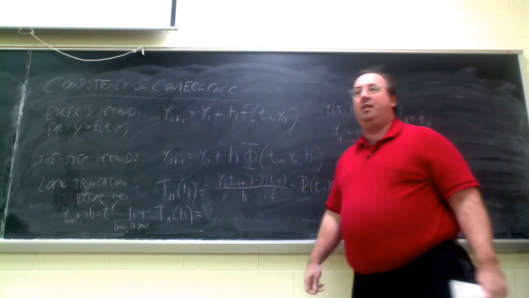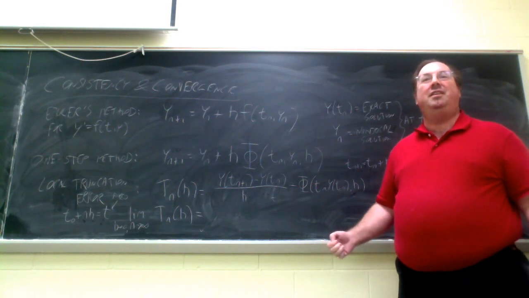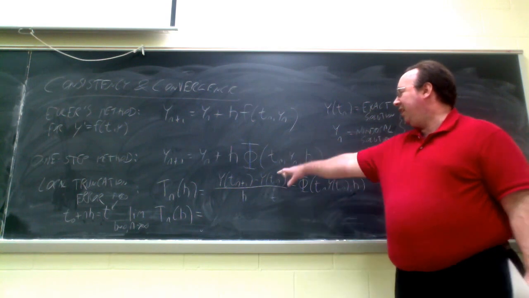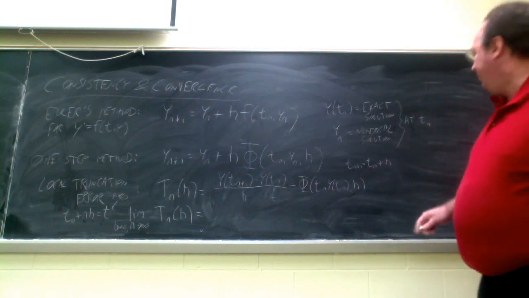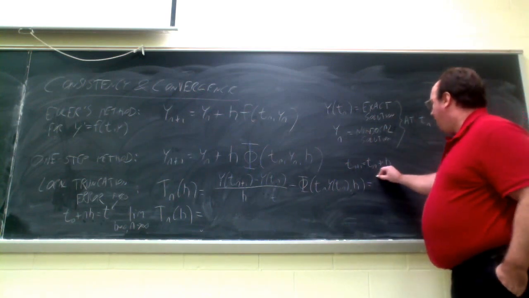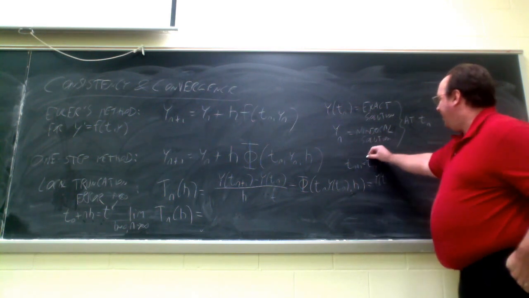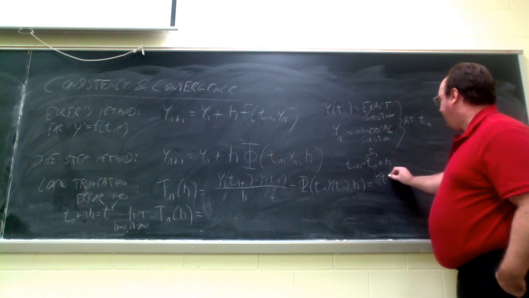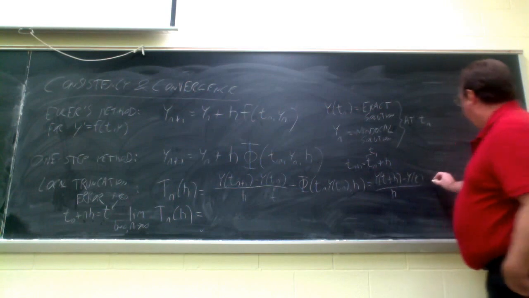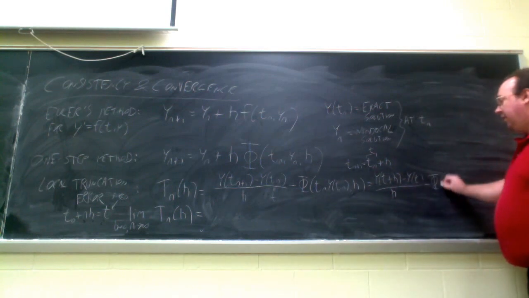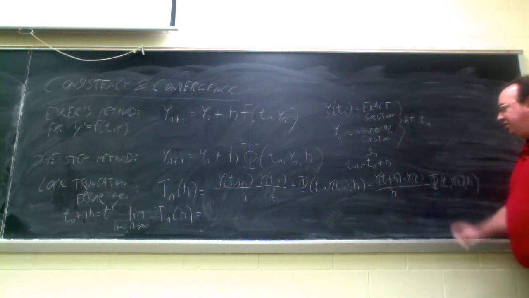So it's technically an indeterminate form, but this one actually is going to have a limit that exists. In fact, I can go ahead and rewrite this as y of, since t_n in this limiting process is supposed to equal a fixed time t, minus phi of t, y of t, and h.